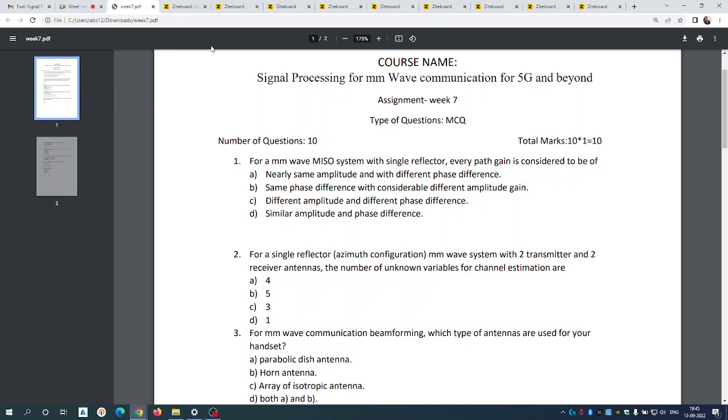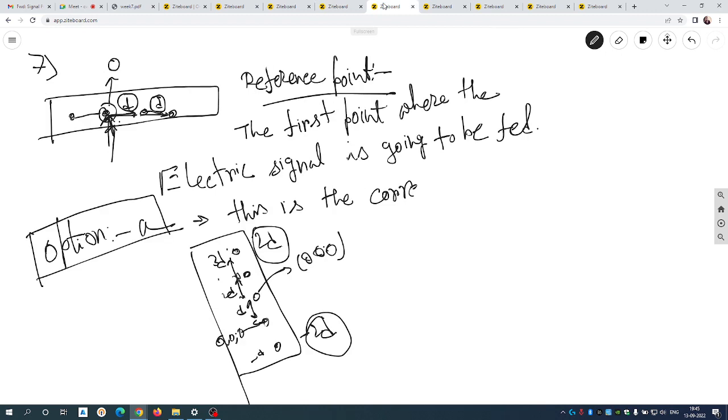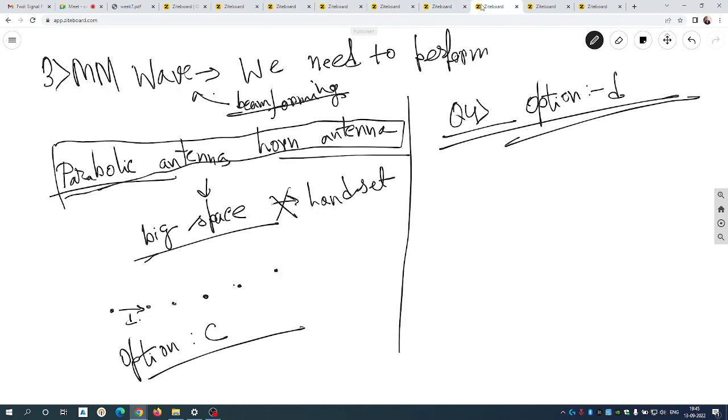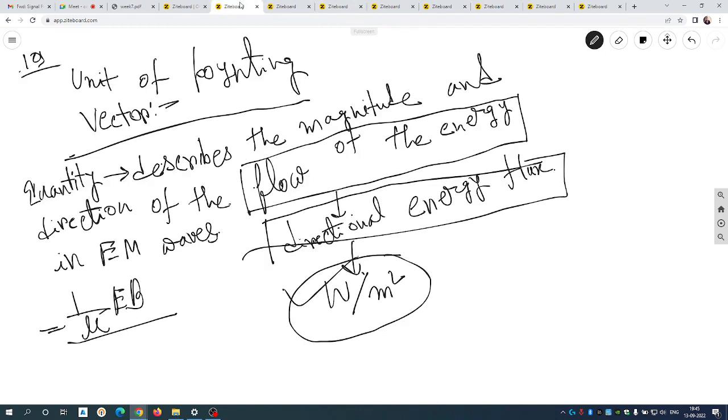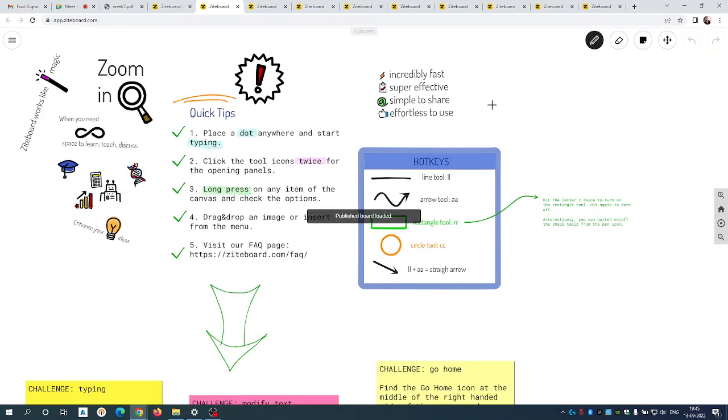Okay. For sub 6 gigahertz, I already drew it. Okay, let me draw it. If it is sub 6 gigahertz, we do not use beamforming, right? These sorts of beams we do not do.